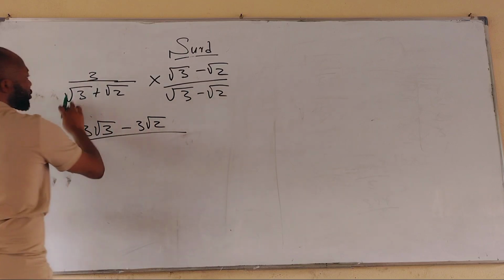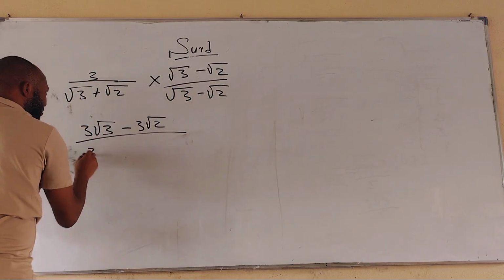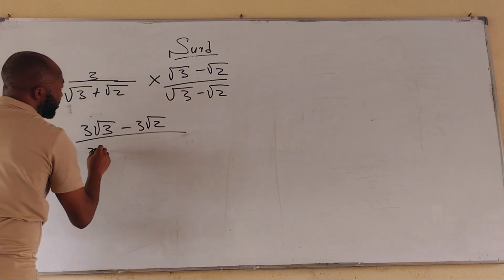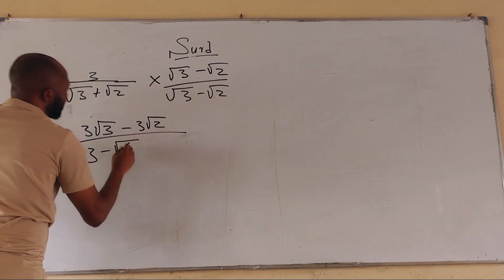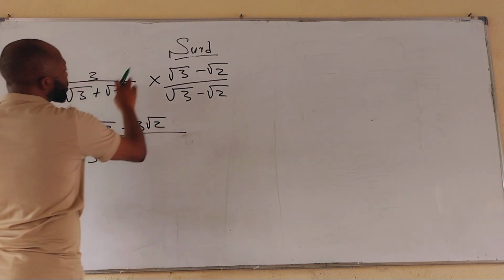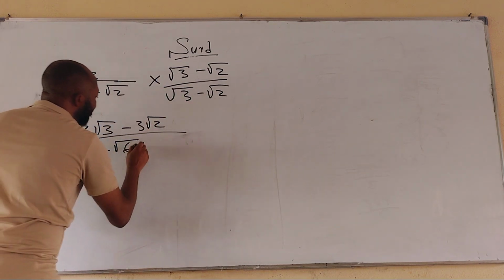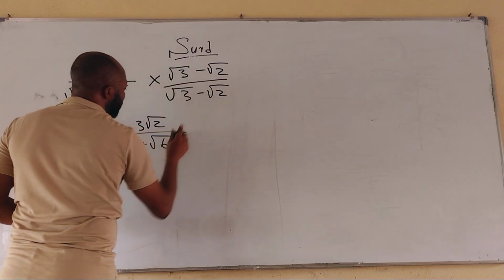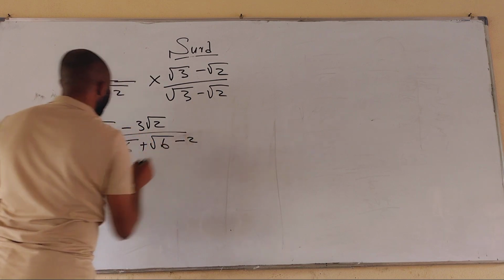Over, root 3 times root 3 is 3. Root 3 times minus root 2 is minus root 6. Plus root 2 times root 3 is plus root 6. And plus root 2 times minus root 2 is minus 2.